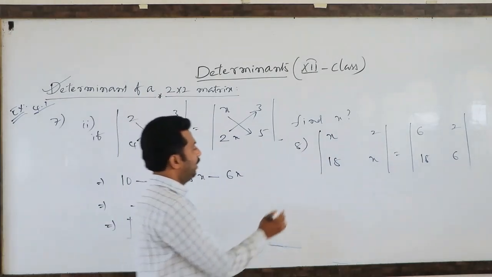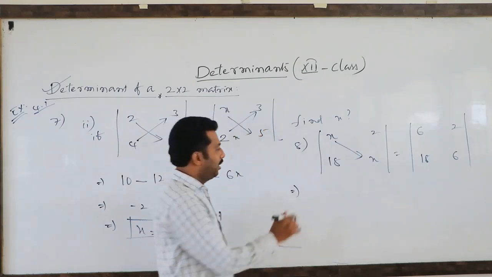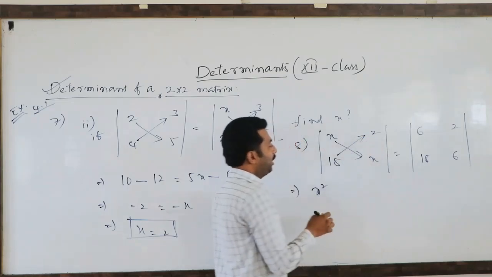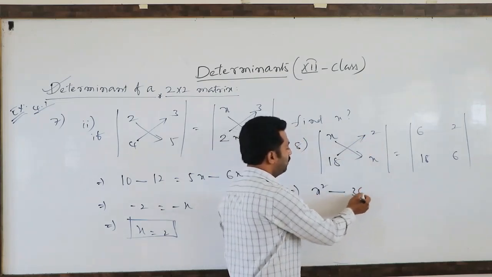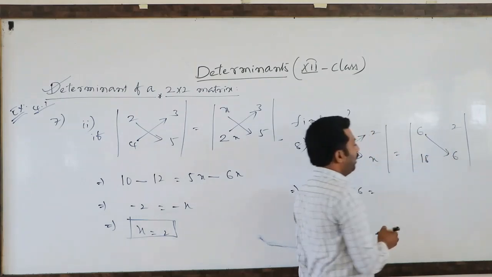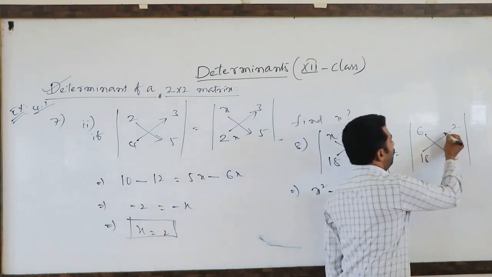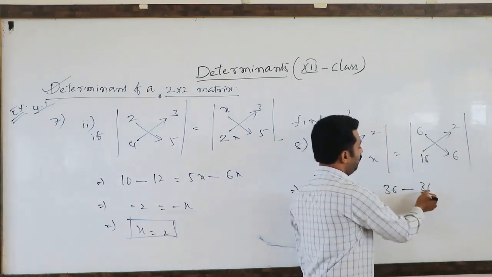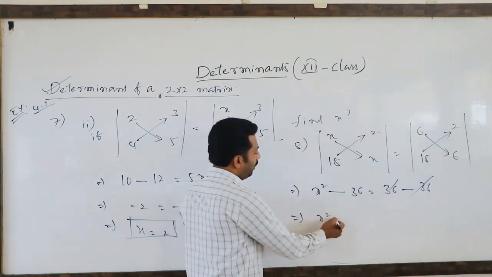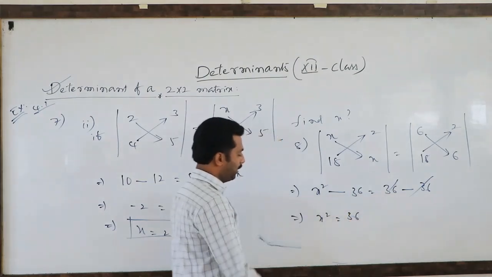See here. x into x, product of the principal diagonal elements, that is x squared, minus product of the non-diagonal elements, 36. Again product of the principal diagonal elements 36, minus 18 into 2, again 36. Both will cancel. So finally x square is 0 minus 36, if you send that side, plus 36.